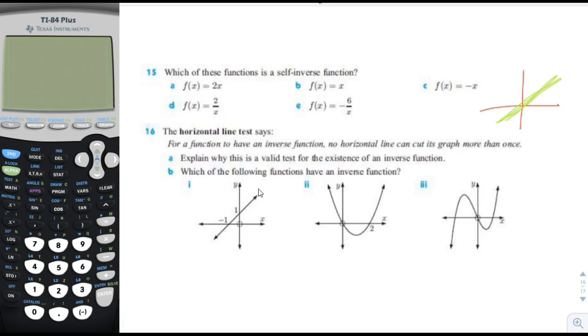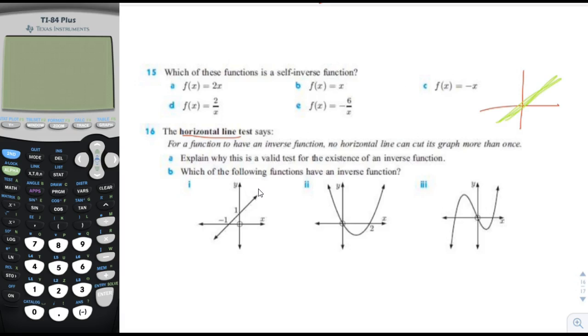Last of all, 16. The horizontal line test says, for a function to have an inverse function, no horizontal line can cut its graph more than once. Explain why this is a valid test for the existence of an inverse function. Which of the following functions have an inverse function? Okay. So, remember that a function has the vertical line test, right?